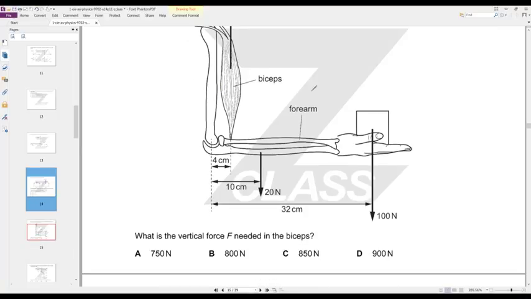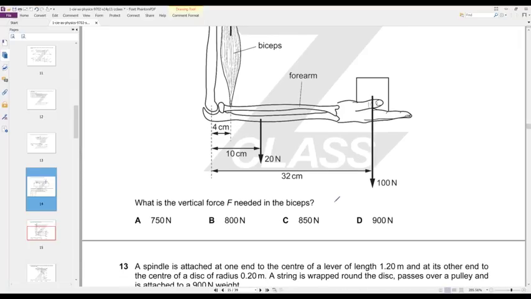So we have a right angle triangle, essentially. What is the vertical force F needed in the biceps? This is just our moment M equal to force times the perpendicular distance. The bicep is pulling up with a certain separation, and that needs to balance the other two.